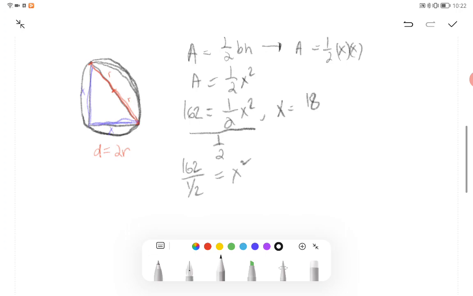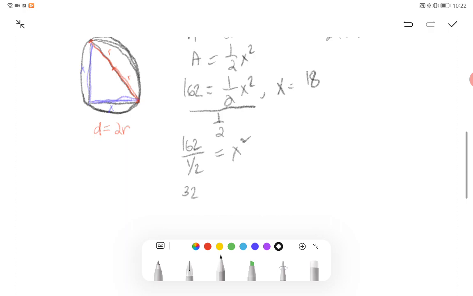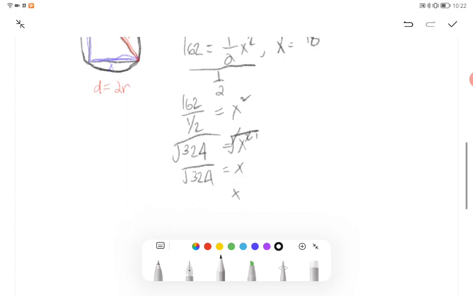And then 162 over 1/2 is equal to 324. And then square rooting both sides, x is equivalent to the square root of 324. What is the square root of 324? We get the value of 18. Okay?